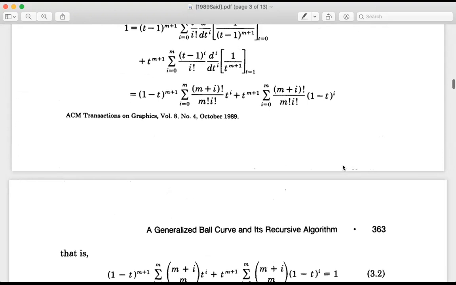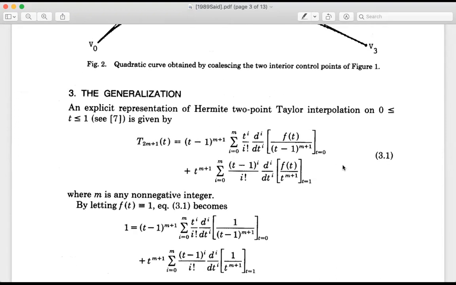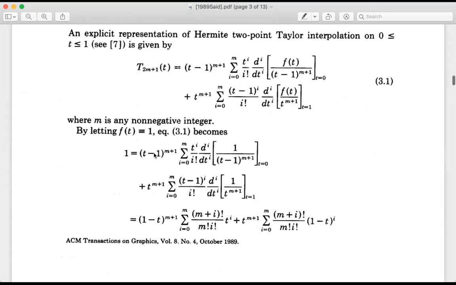The idea of forming the generalization of the cubic Ball curve to any degree starts from the Hermite interpolation, right?